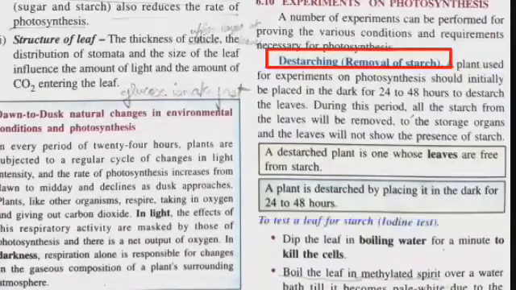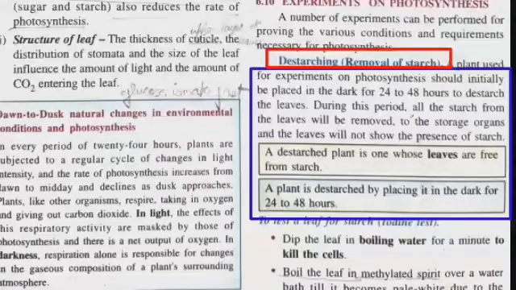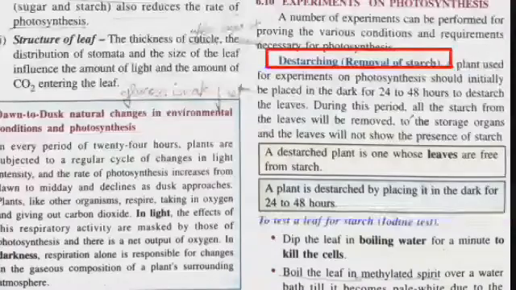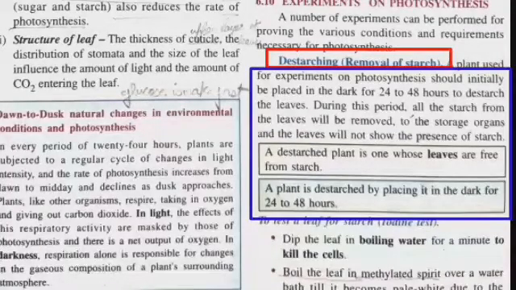So please remember, no starch will be there in the plant when it is kept in the dark. Now thirdly, we have to keep the whole plant outside in the sunlight again. Why? For restarching. That means photosynthesis will take place and then the starch will be formed again.